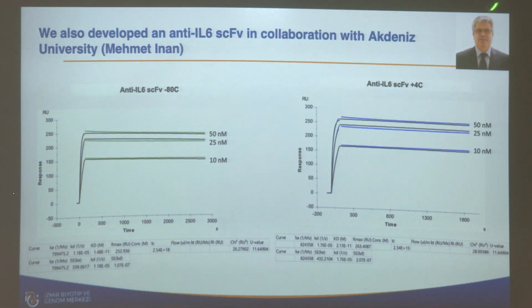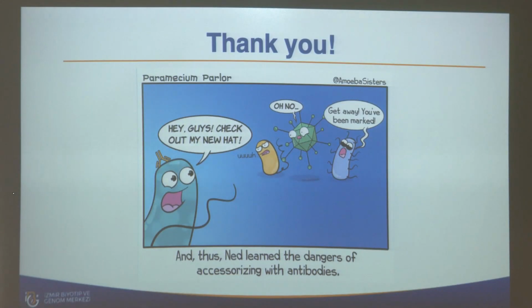We are in collaboration with him, with Akdeniz University, to develop that. We already have the sequence, and our production yield is good. And affinity, obviously, is very high. So if you need it for your 1004, it could be an entire 1004 collaboration. Thank you.